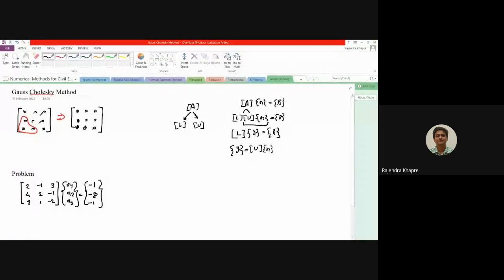We have already solved this problem using the Gauss elimination method, and probably using the Gauss Cholesky method also, and we have found the solution.